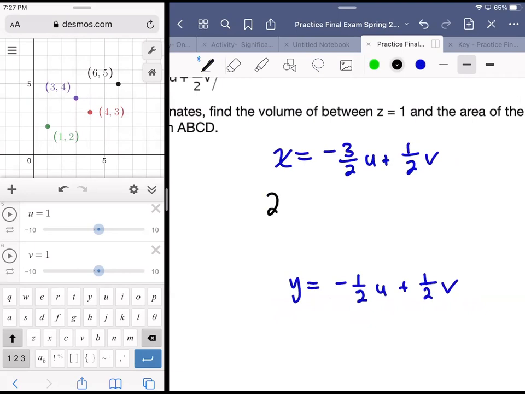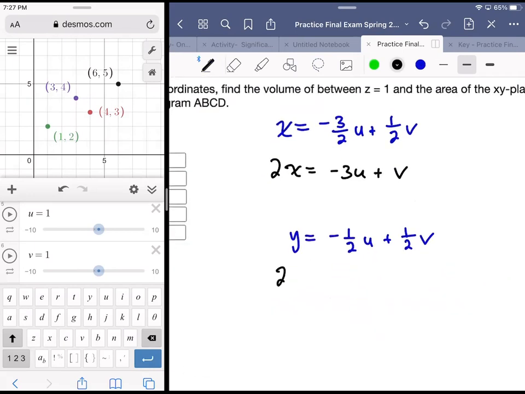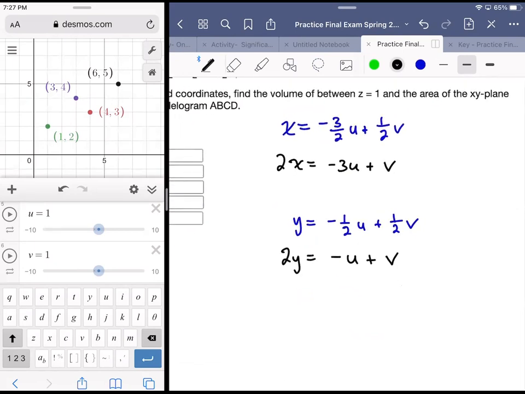double everything. 2x is equal to -3u plus v. 2y is equal to -u plus v. All right, so what I need is a relationship that's going to solve for u and v given x and y. So they gave us the transformation one way, we need the transformation the other way. All right, so that's kind of aggravating, but it is what it is.